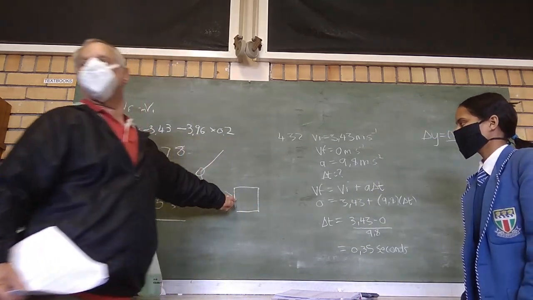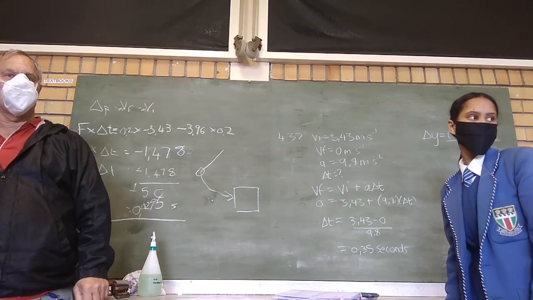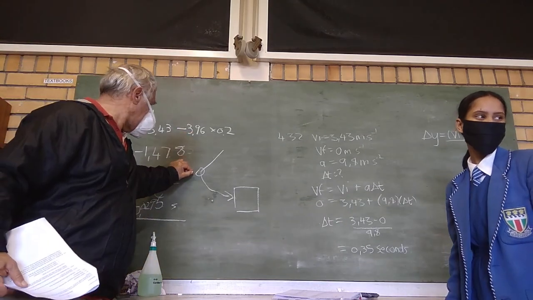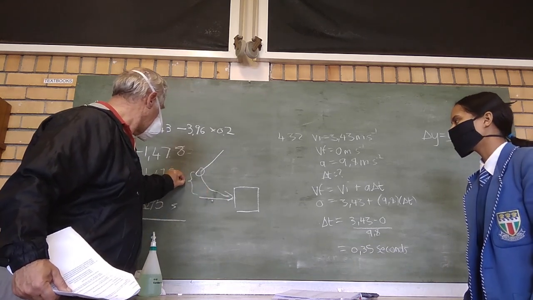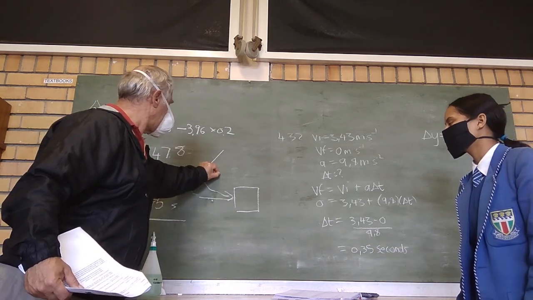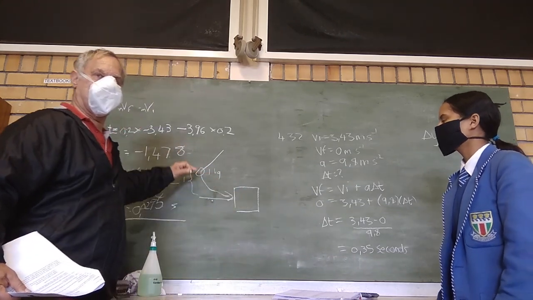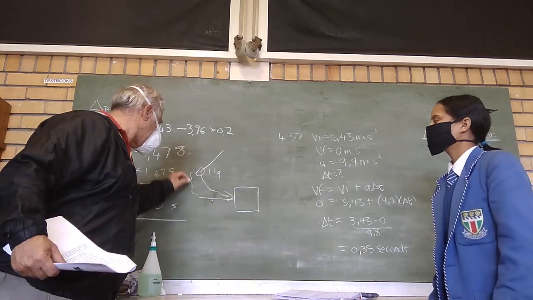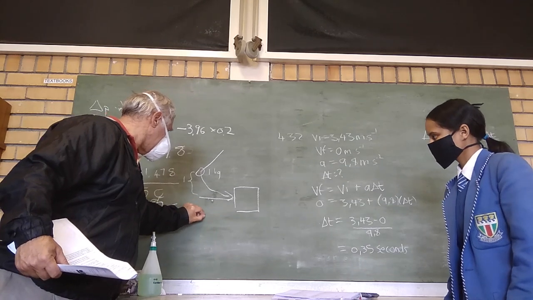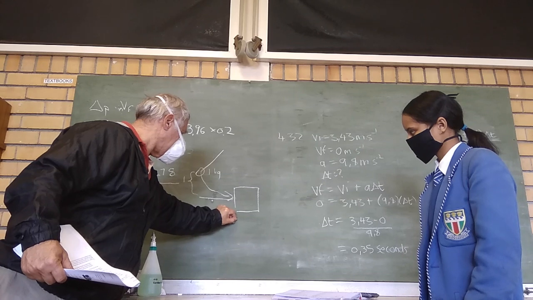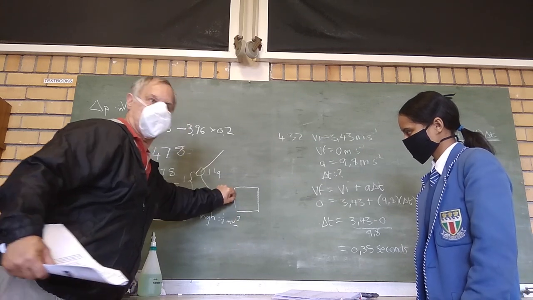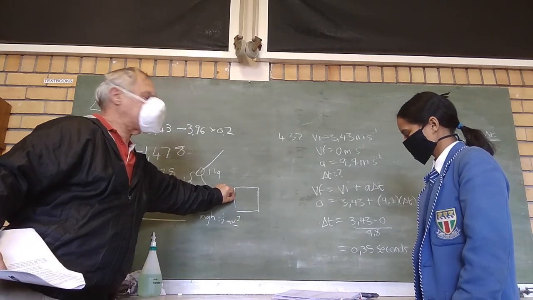Then you can work out the energy was mgh, which you convert into a half mv squared. So now you know the velocity when it hits. But you cannot use equations of motion to find the final velocity if it sticks to this. Whenever something hits something like the ground, you've got to use momentum.